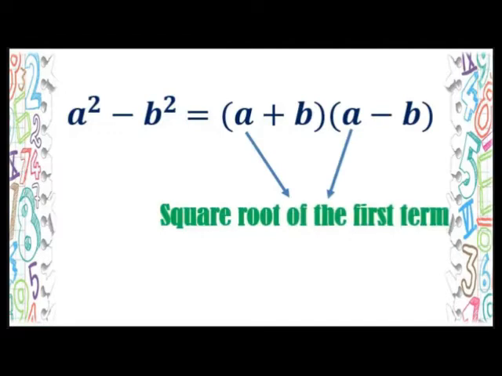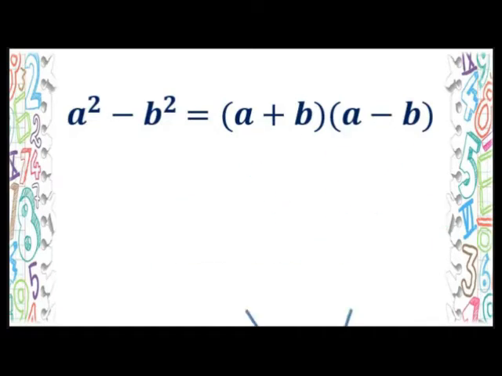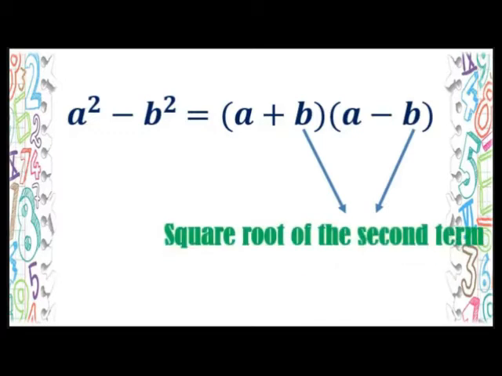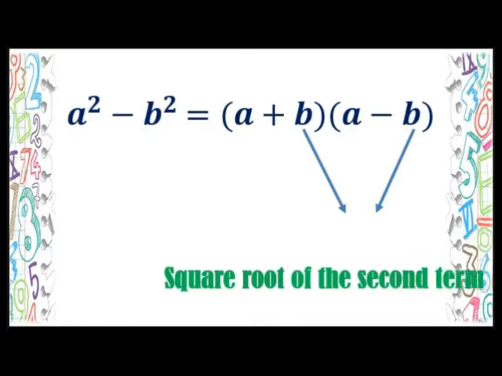And then the first terms, these are the square root of the first term. So they are the same. Square root of the first term of the given difference of two squares. And of course, the second term is the square root of the second term of the given difference of two squares.